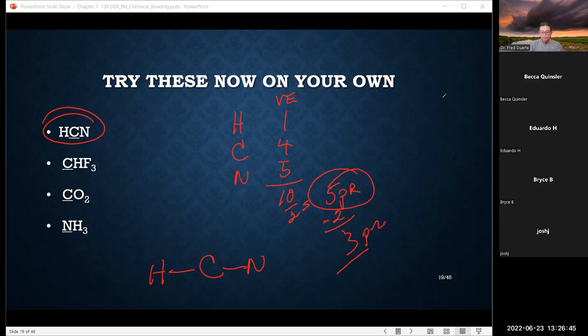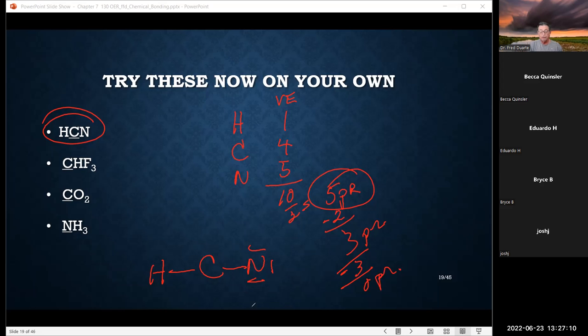You can play with it and figure out what works for you. It doesn't make a difference if you start inside or outside. Keep it in mind, I cannot put more than 8 total on any atom. Okay. So I'm going to very quickly put those 3 around nitrogen. So that took care of 3. So now I've used up all of my 5 pair.